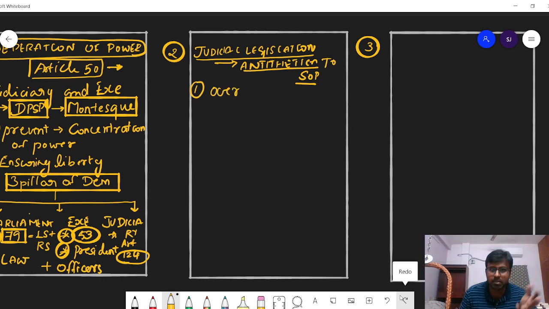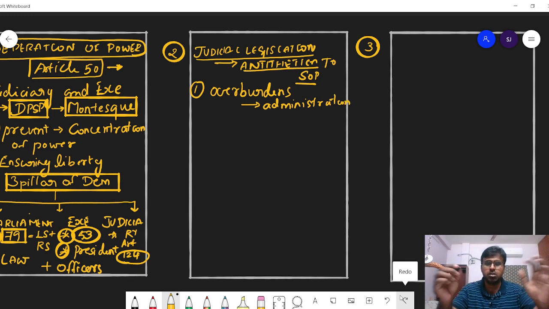See, what are the reasons? When there is judicial legislation or judicial activism, you think about it. It overburdens the administration, right? Administration has so many problems, but when the judiciary also oversteps and starts making strictures and so many other things, it overburdens the administration.